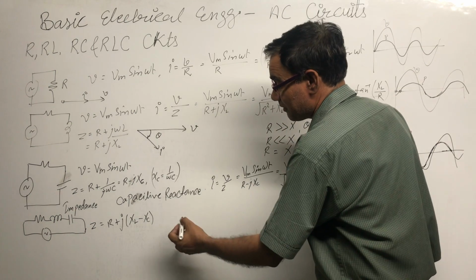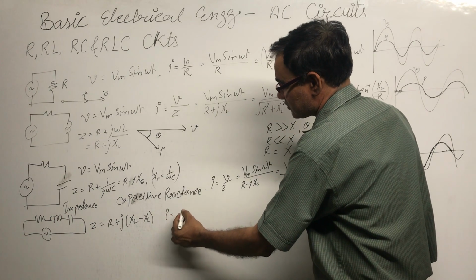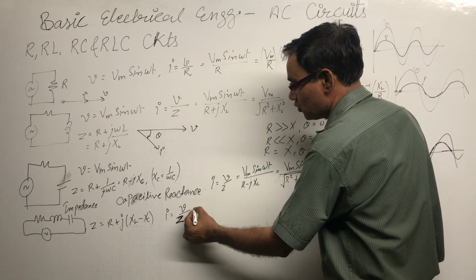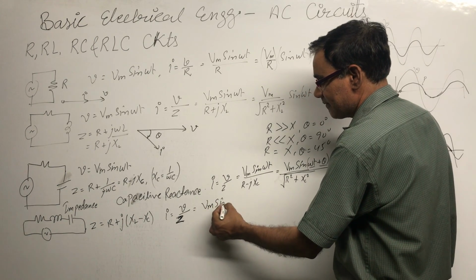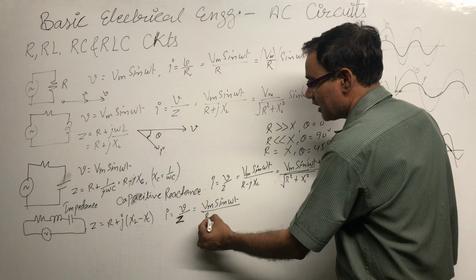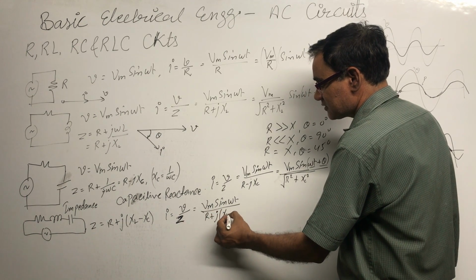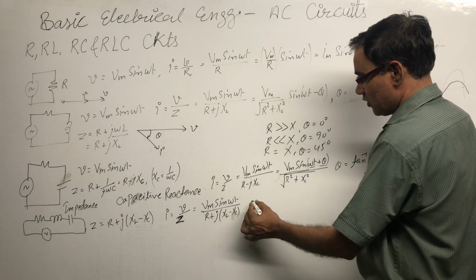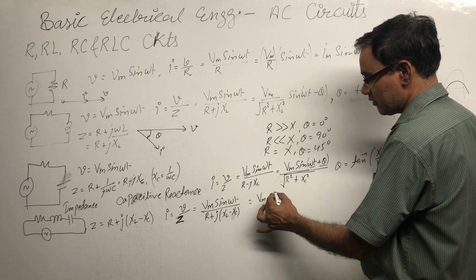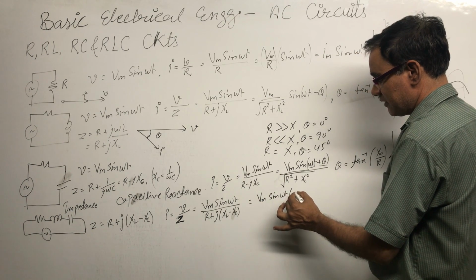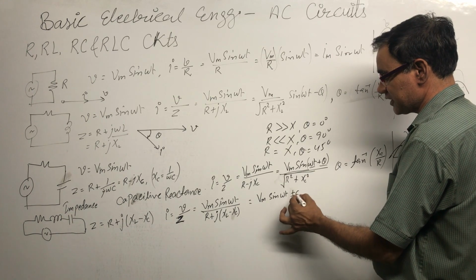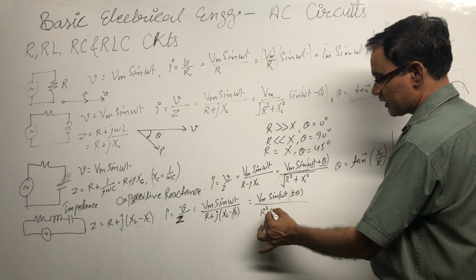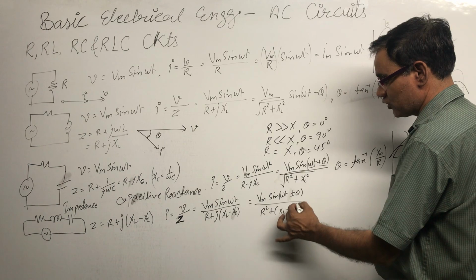Okay, so this is the total impedance offered. So what is the current in the circuit? The current is voltage divided by impedance Z. So it is equal to Vm sin of omega t divided by R plus iota (XL minus XC). So it is Vm sin of omega t, maybe plus theta, maybe minus theta, it depends upon the value, divided by the square root of R square plus (XL minus XC) whole square.